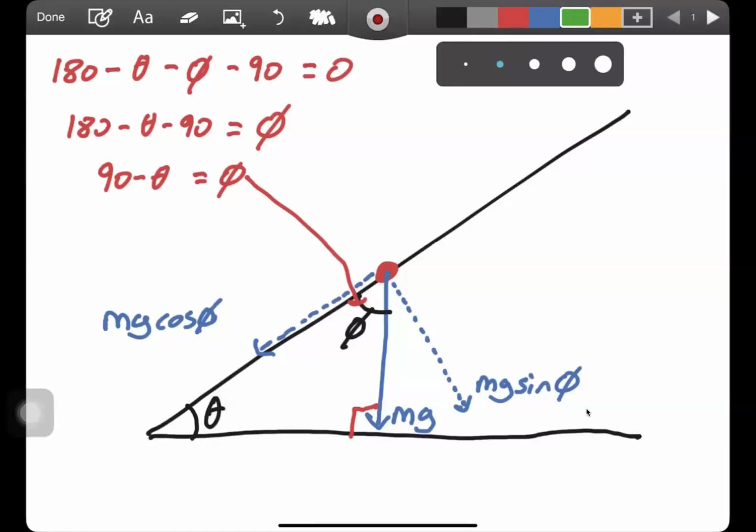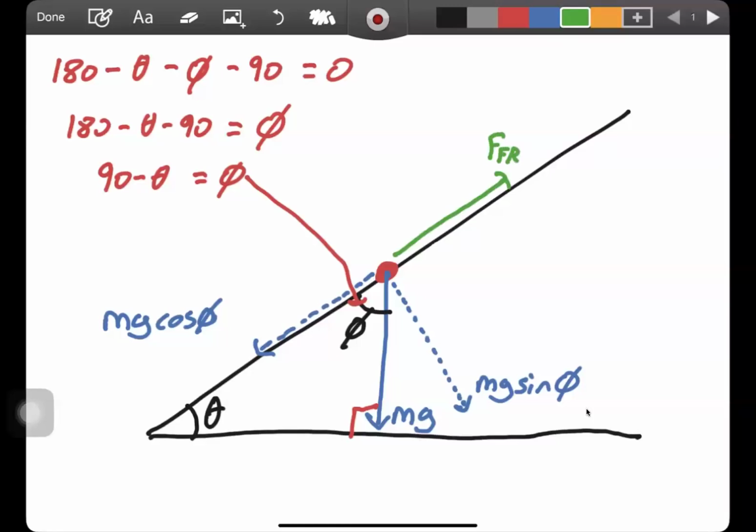Then you have acting in the inclined direction a component of gravity that wants to make the ball roll. If it rolls, that means that there's some kinetic friction. And so we're going to have the kinetic friction opposing that rolling. So I'm going to call that the force of friction. And so similarly, we have a coefficient of kinetic friction multiplied by a normal force.